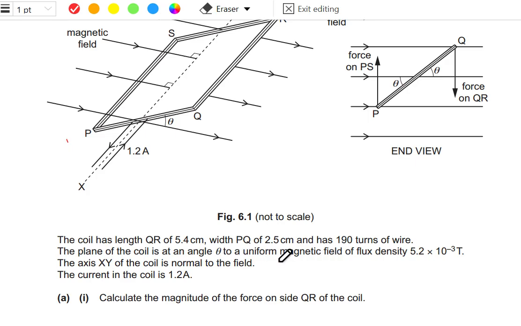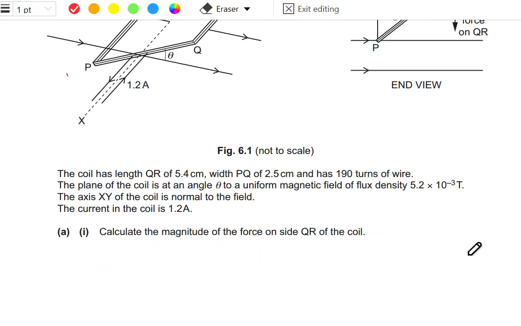The plane of the coil is at angle theta to a uniform magnetic field of flux density 5.2 times 10 to minus 3 Tesla. The axis XY of the coil is normal to the field. The current in the coil is 1.2 ampere.